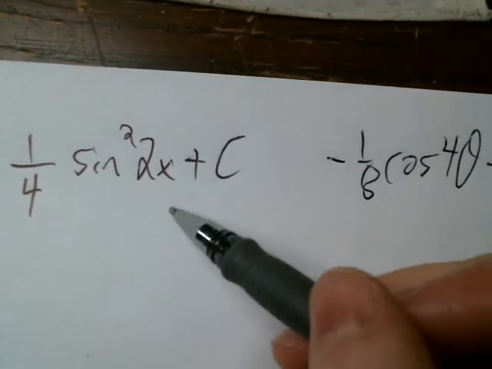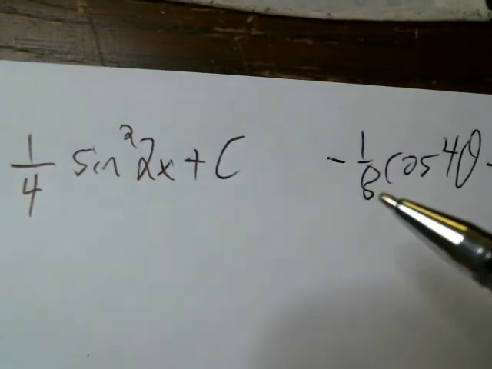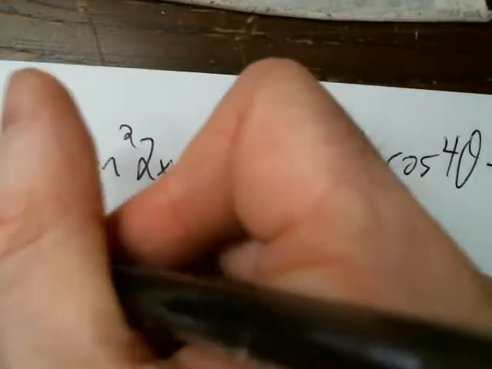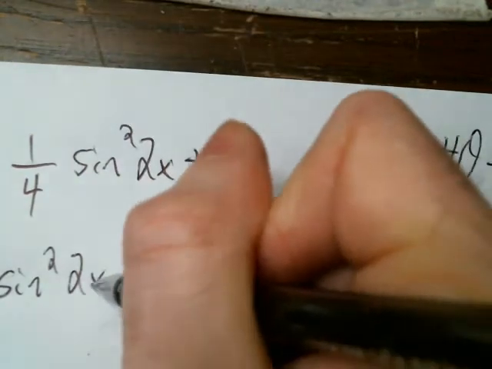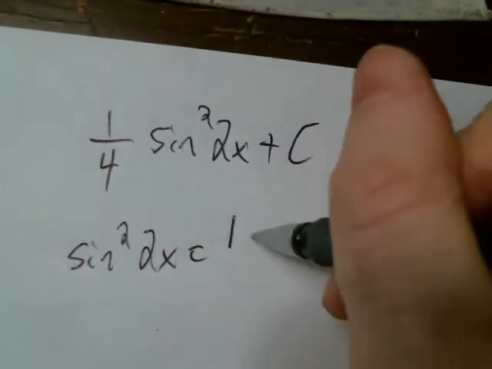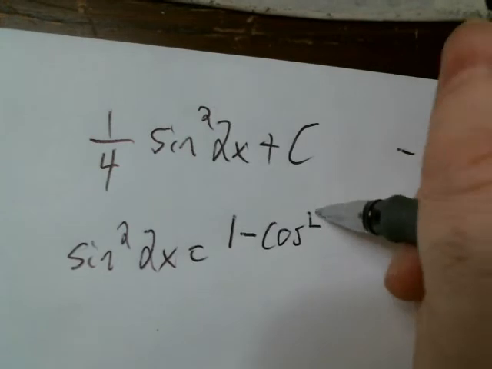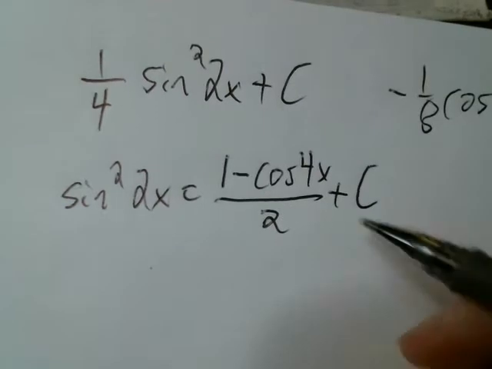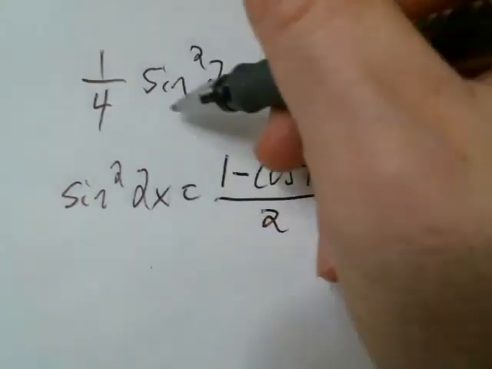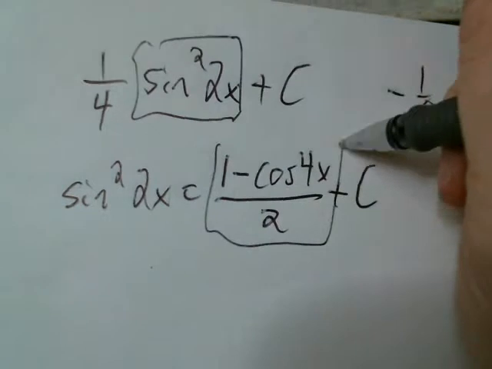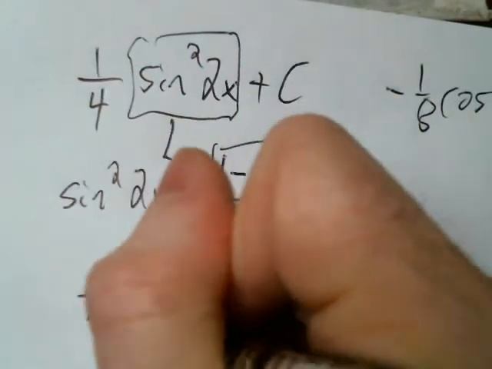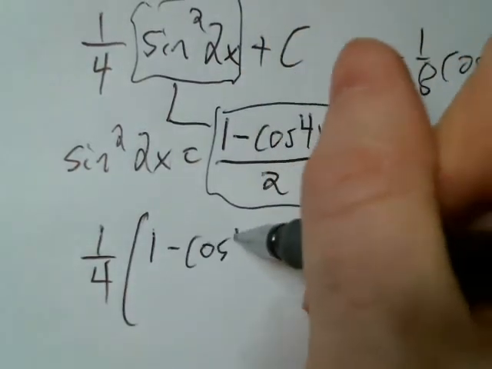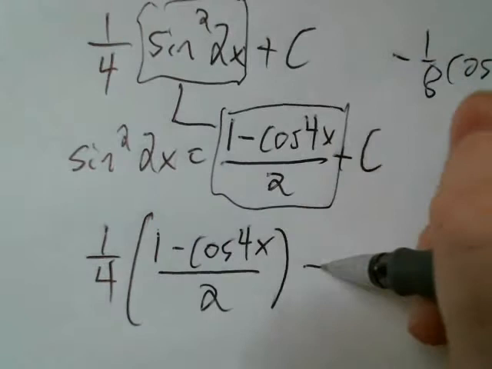First off, I can probably use a half-angle formula here. Note sine squared of 2x is equal to 1 minus cosine of 4x all over 2. If I replace this with that, it's just going to be 1/4 times 1 minus cosine of 4x all over 2 plus c.